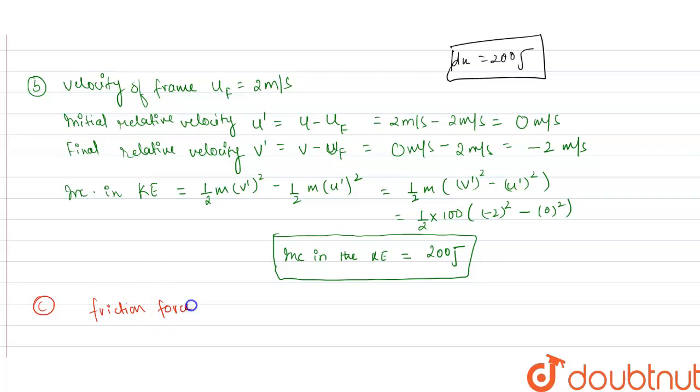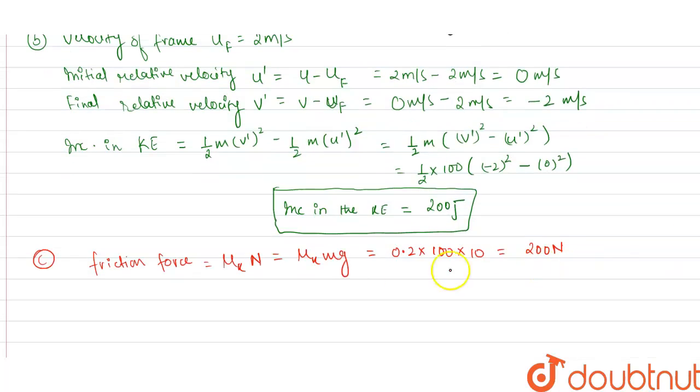Friction force is equal to the coefficient of kinetic friction into N, where N is mass into acceleration due to gravity, so mu k into mg. Mu k is given as 0.2, mass is given as 100 and acceleration due to gravity take it as 10. From here we get 200 newton.